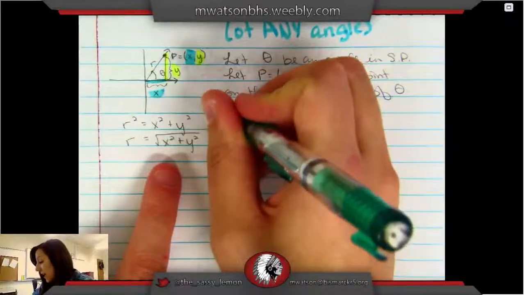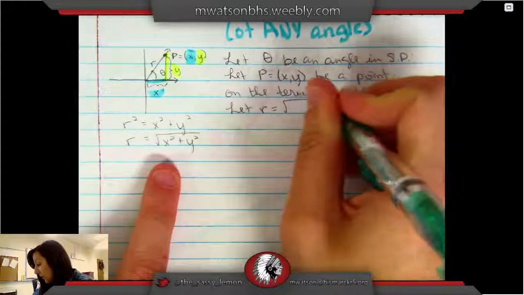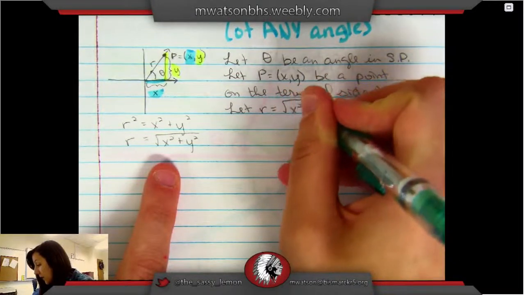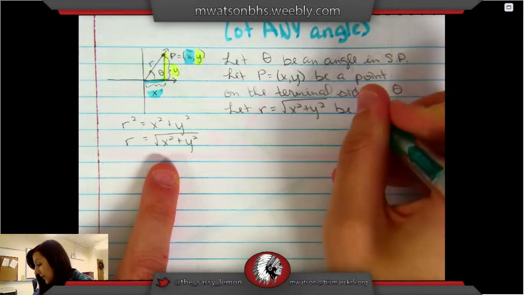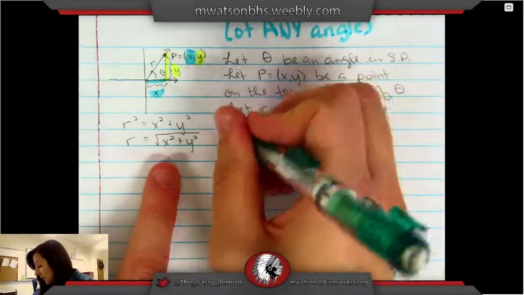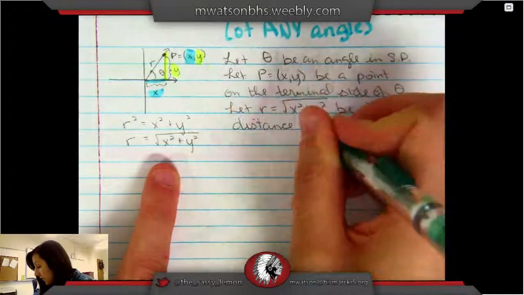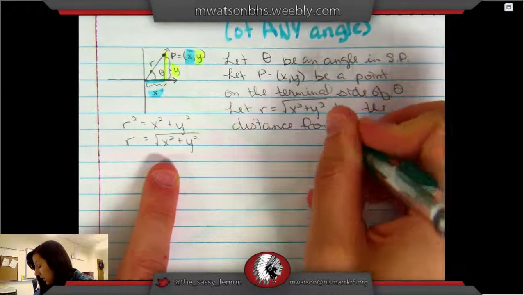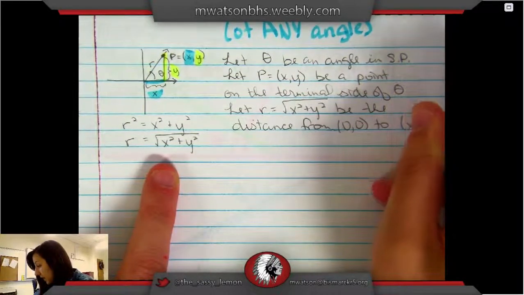We're going to say, let r equal the square root of x squared plus y squared be the distance from 0, 0 to x comma y.